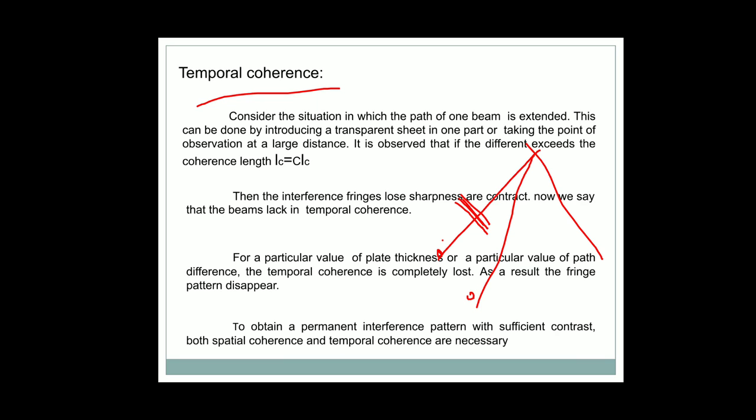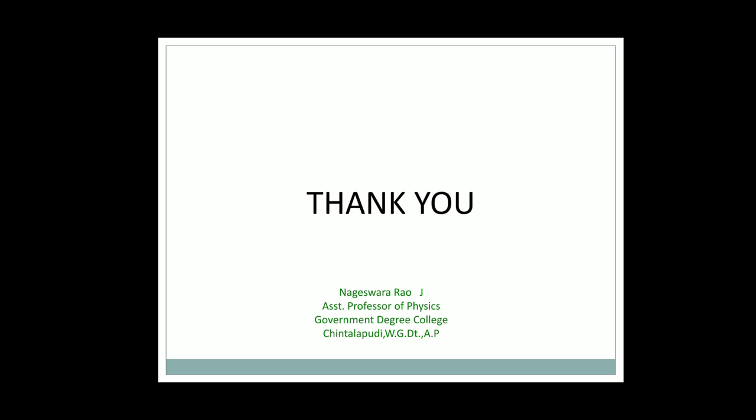So for a particular value of plate thickness or a particular value of path difference, the temporal coherence is completely lost. As a result, the fringe pattern disappears. To obtain a permanent interference pattern with sufficient contrast, both spatial coherence and temporal coherence are necessary. Thank you.